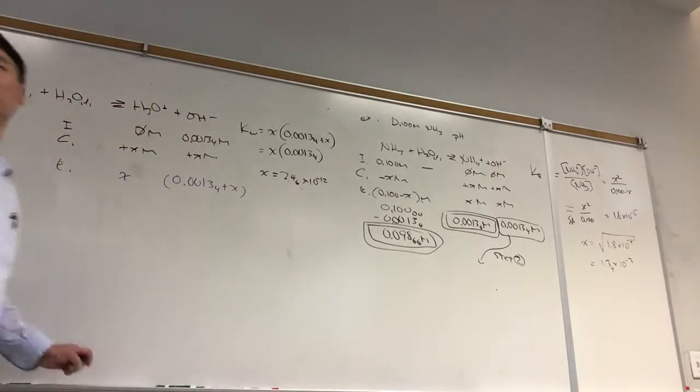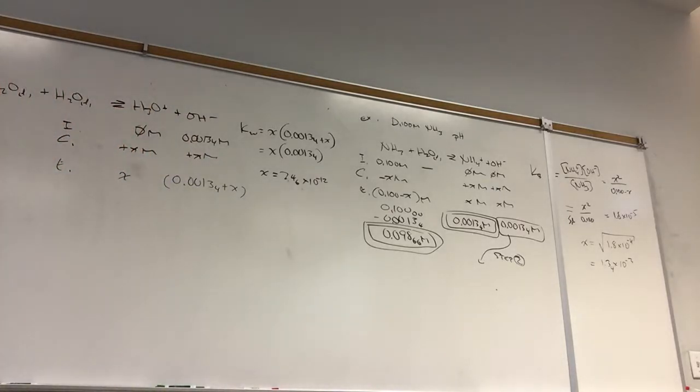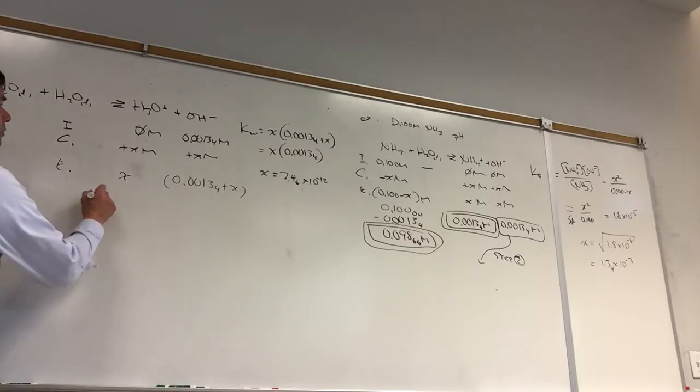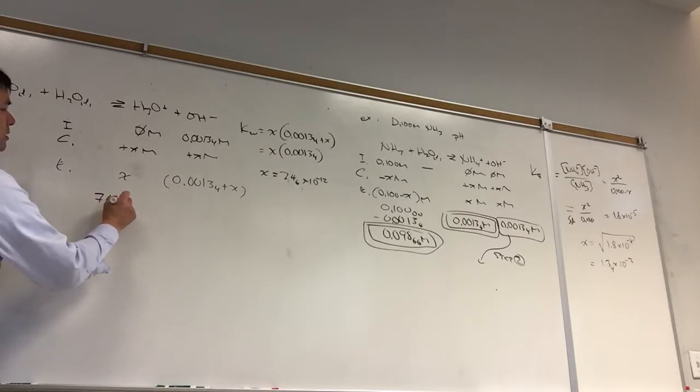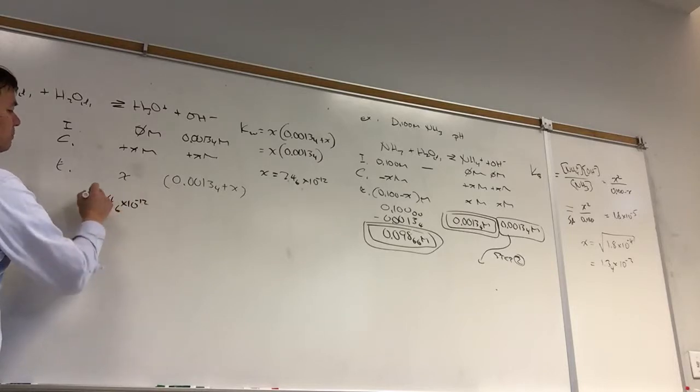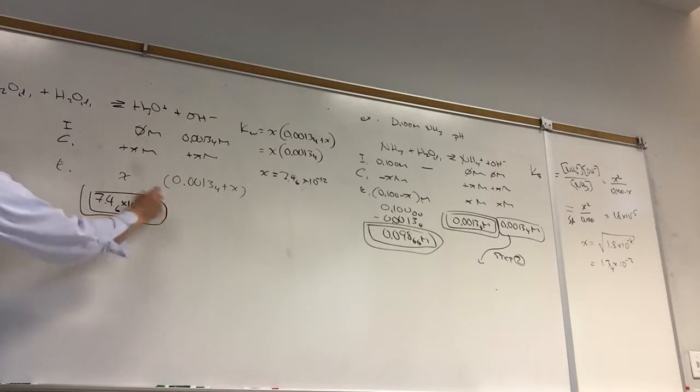And you got 10 to the negative 11? No, I got 12. Okay. All right. So the hydronium is going to be 7.46 times 10 to the negative 12. Okay, that would be the end for that.